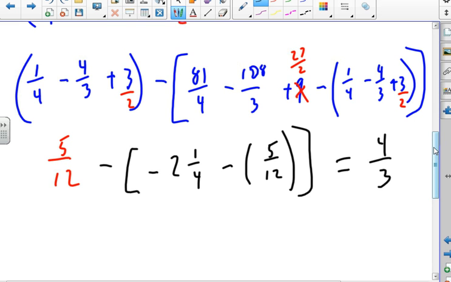Yeah, but I must have done something wrong because this is a positive number. Okay, so I've got 2 times 5/12, I got 1 here and 1 there, plus 2.25.